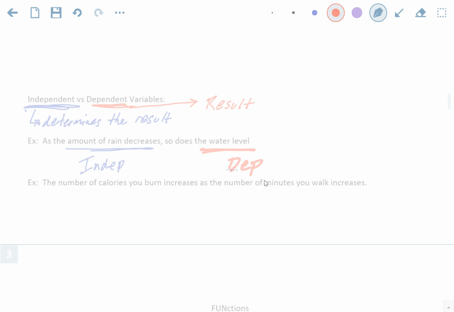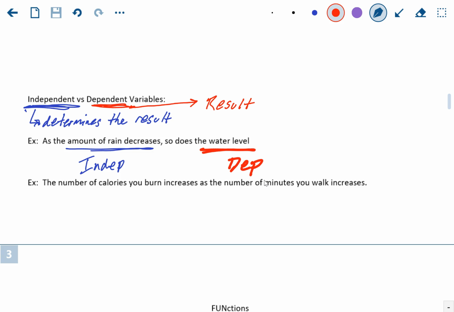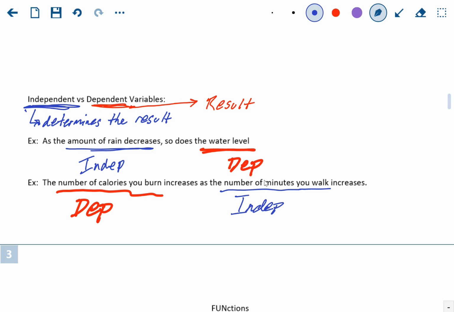And you should come to the conclusion that the number of calories you burn is dependent, or it's determined by the number of minutes you walk. So the number of minutes you walk is the independent variable, and the number of calories you burn is the dependent variable.